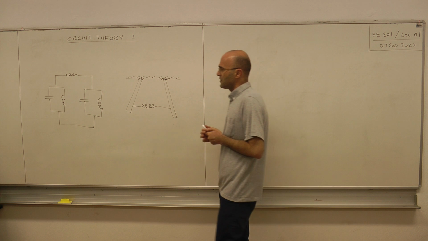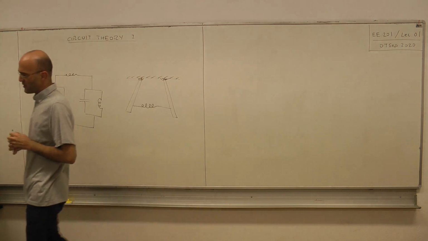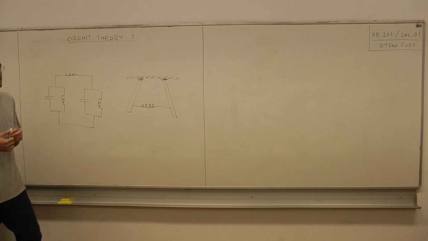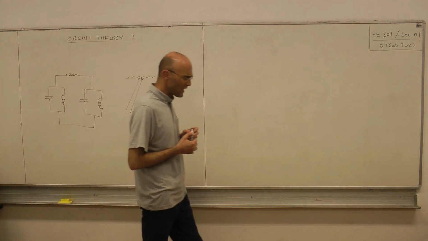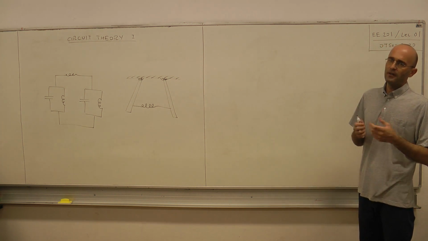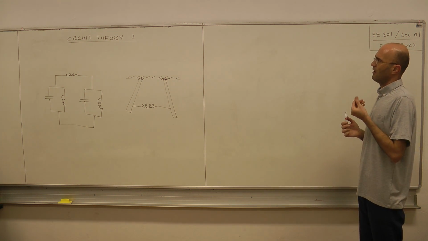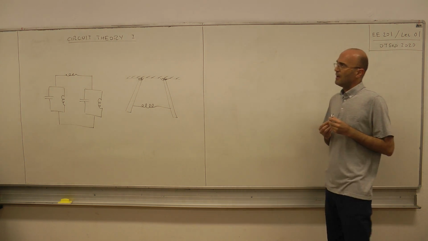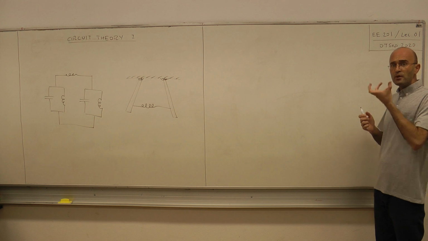Okay, so that's a second motivation for studying circuit theory, and there's a third, a little bit subjective motivation, and that motivation is that circuit theory has an intrinsic beauty to it. Okay, by that I mean the building blocks are very simple.